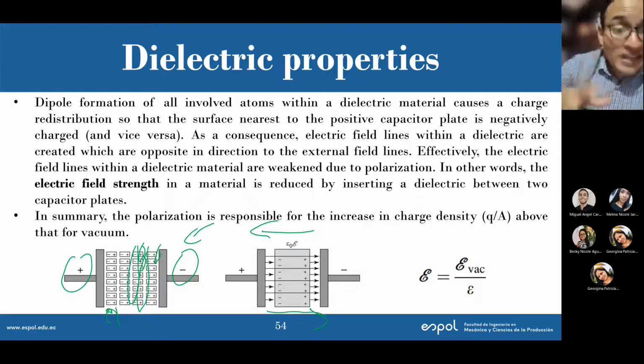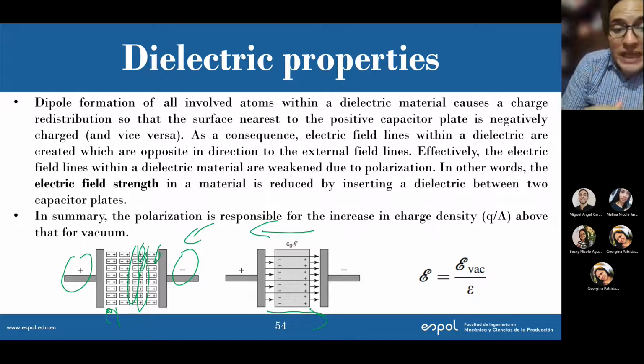So those electric field lines within the dielectric are weakened due to that polarization. That means the electric field strength in a material is reduced if I insert a dielectric between two capacitor plates. So the capacitance increases because I'm reducing the electric field strength.